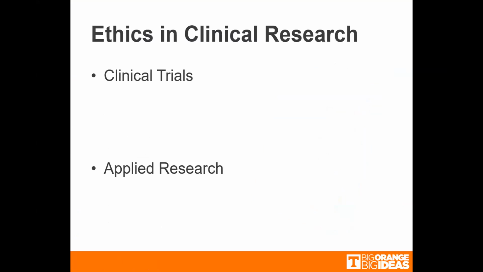So in terms of ethics and research, we can talk about ethics in a couple of different situations. The ones that you may be more familiar with in terms of clinical would be clinical trials.